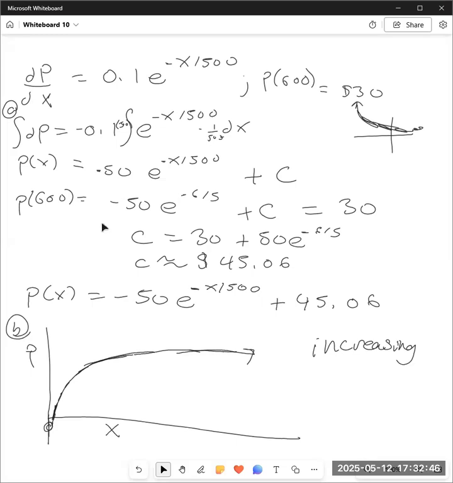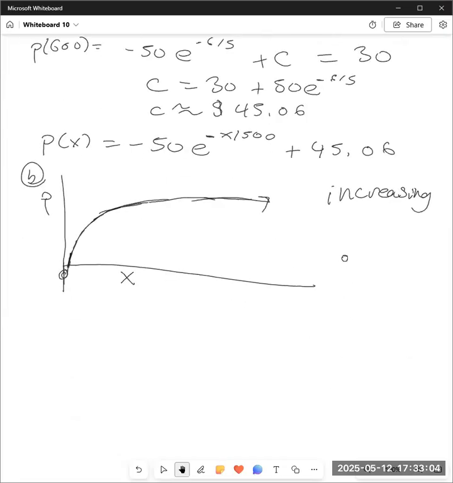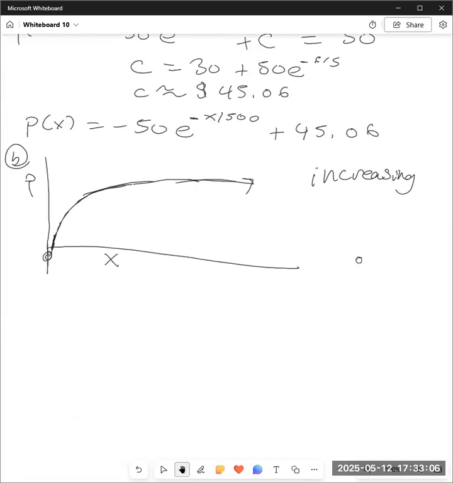Part C says to use the calculator features to find the quantity of demand when the price is $22. I'm going to do that by hand with you. I'm not going to use the calculator for that. I think the teacher would prefer that you know how to do that by hand.